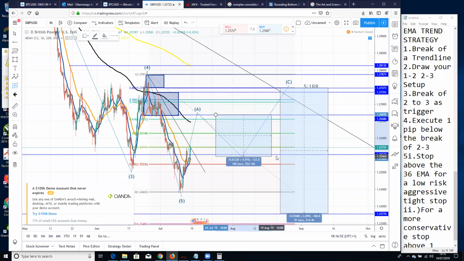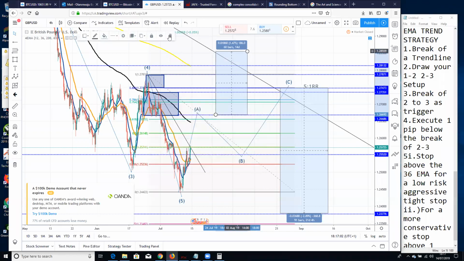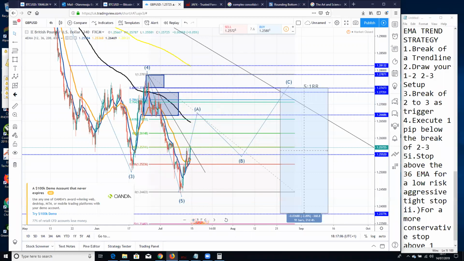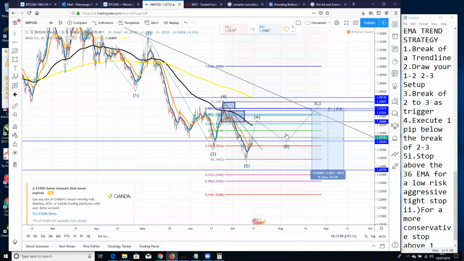There's nothing too technical, about 120, 200. So you can see there is a lot of reward if we can be patient to see us coming back to this level. There's going to be much better reward if we are patient on the sell trades that we're going to take in the pound.